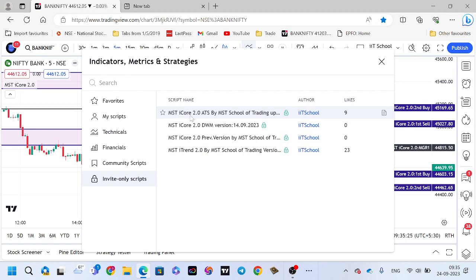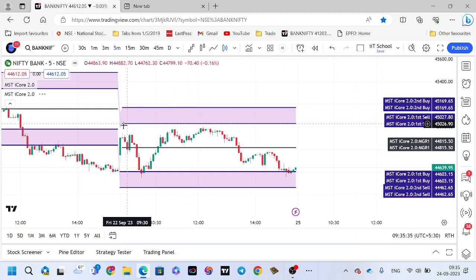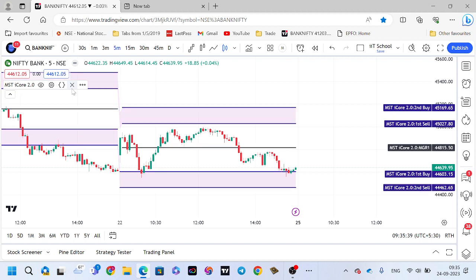That is our MST iCore 2.0 indicator. You have to click only once on it. Once you have clicked on it, automatically that indicator will be added to your chart. See, it will be coming like this. That's all.